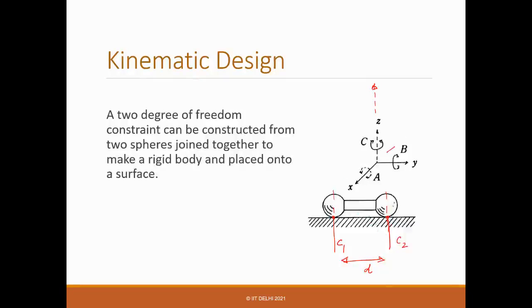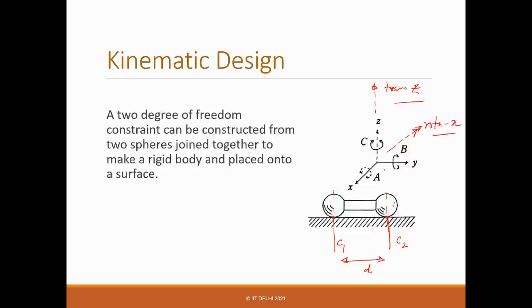You can put double arrows. So translation along z and rotation along the x-axis, these two are constrained now.